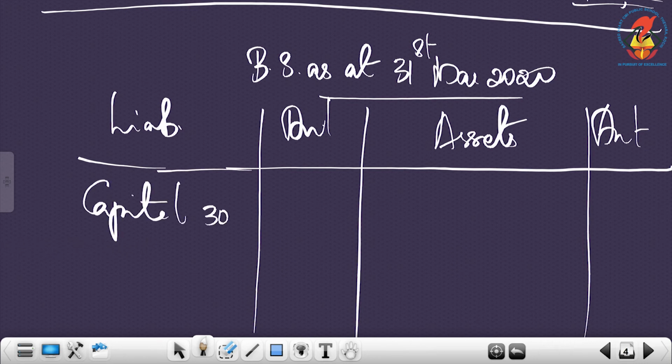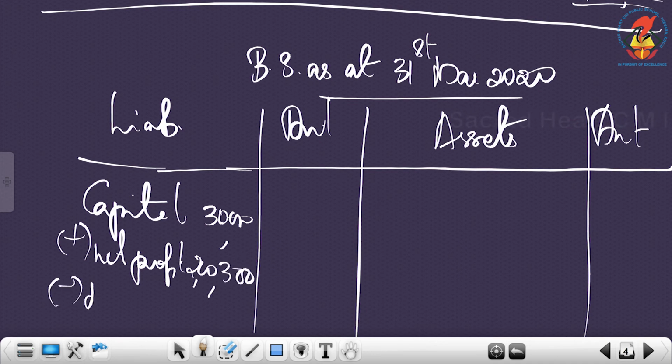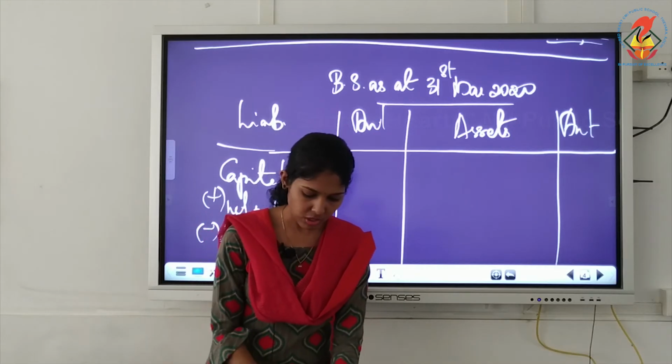Capital, it is 30,000 in the inner column. Add net profit, that is 2,300,000, less drawings, but here we have to consider the adjustment drawings also.